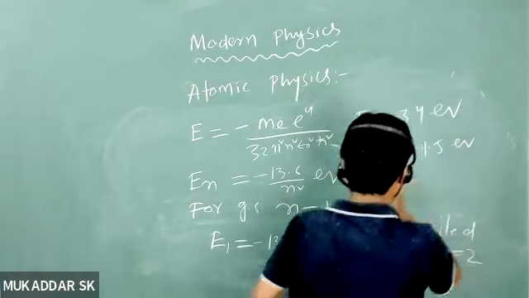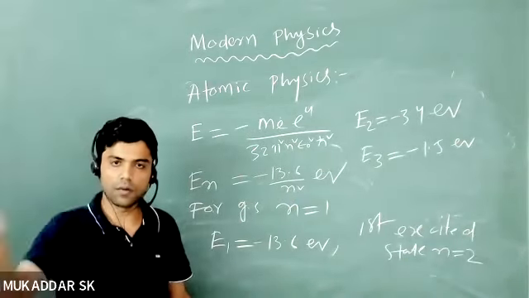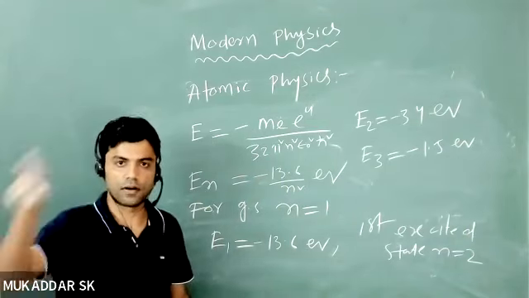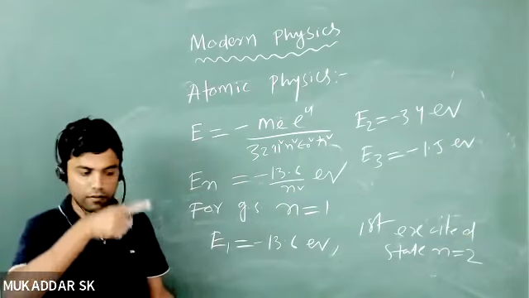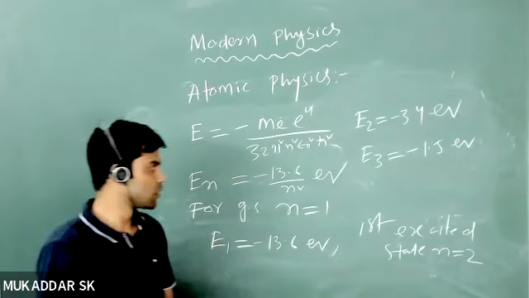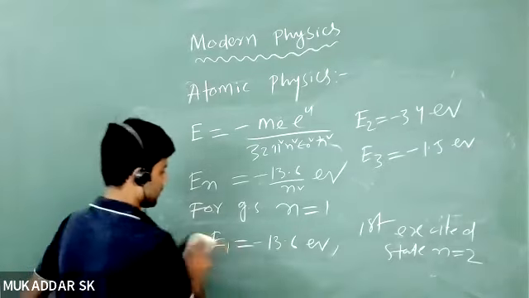So you see that the energy is negative. It means the system is bound. That electron is bound. It cannot freely move; it should orbit around the nucleus. So negative energy means the system is bound in nature. You can write it.